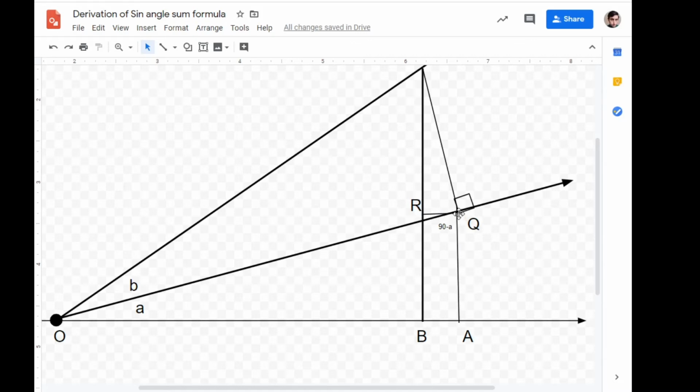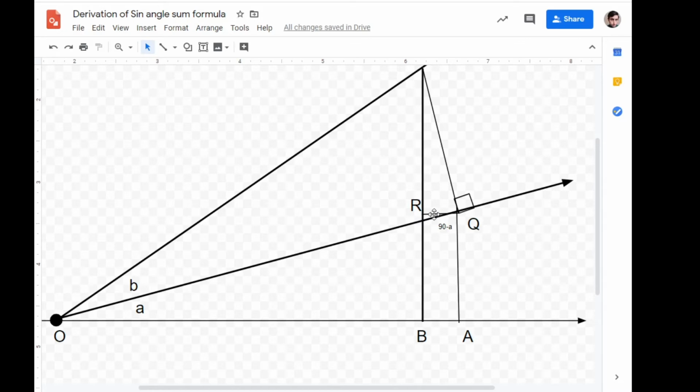You see where my cursor's moving? From A to Q to R. That's making a 90-degree angle. So therefore, if this is 90 minus A, then this little angle right in here, really, really small, is also going to be A.